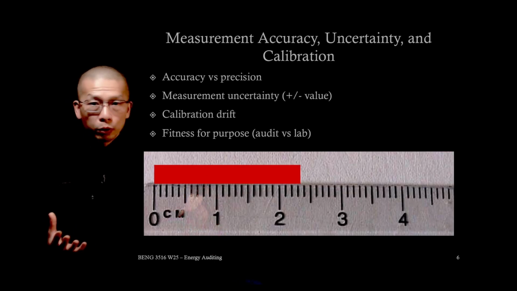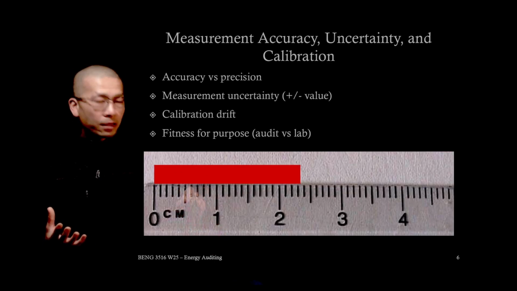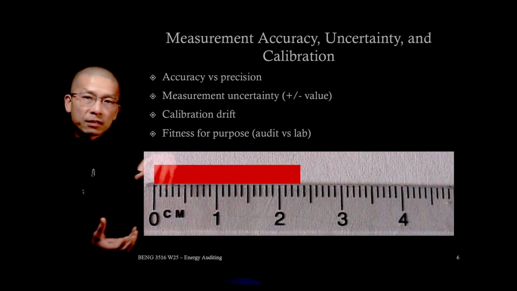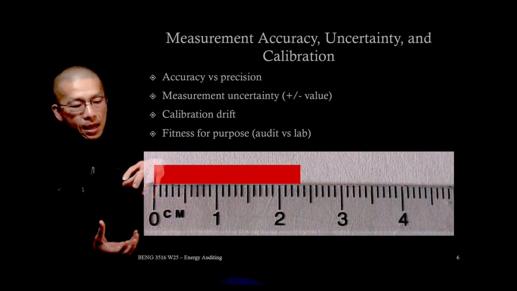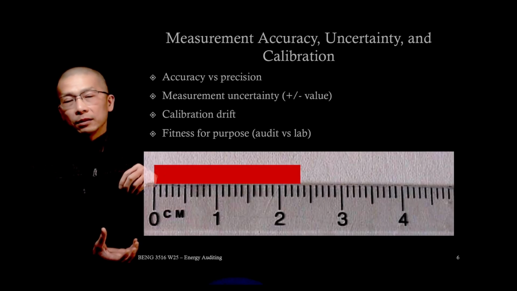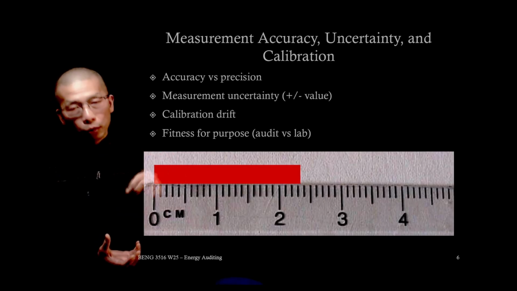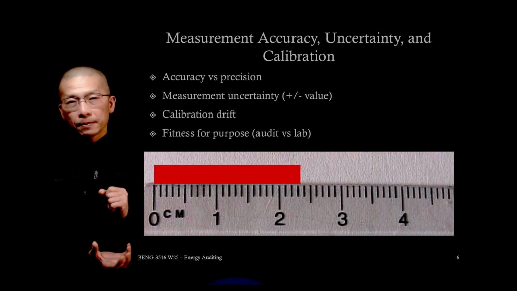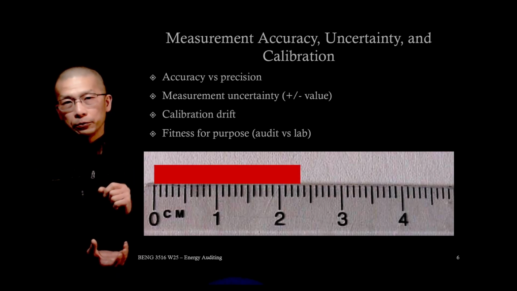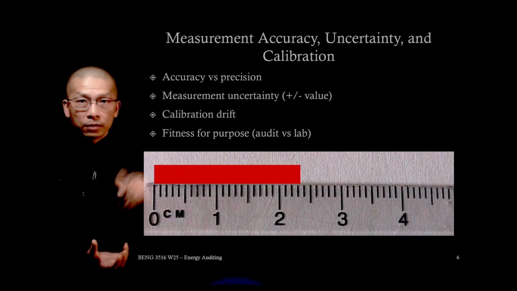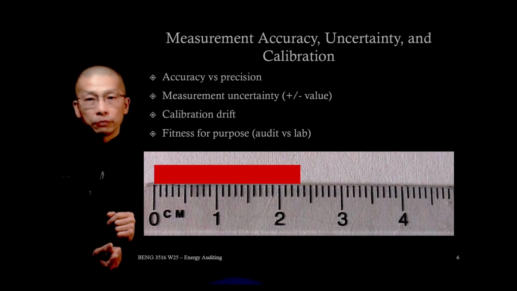For a temperature probe, we can use a thermos with ice and water, and the temperature has to be what? 0 degrees. So if your probe reads 2 degrees, then what do we need to do? We need to take that into account as a factor to correct that 2 degree difference, right?